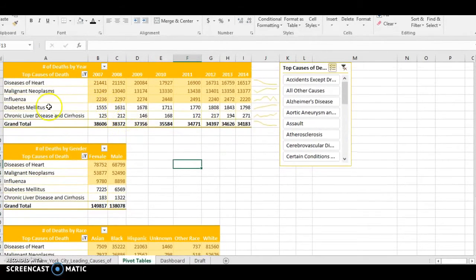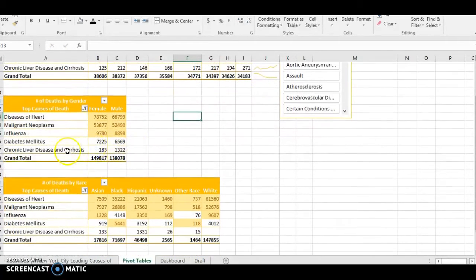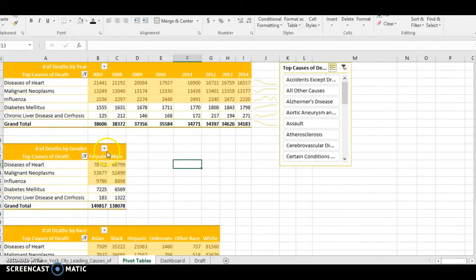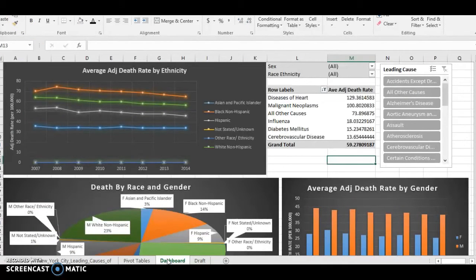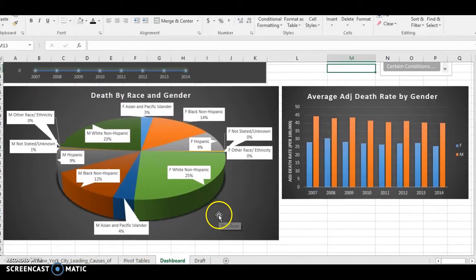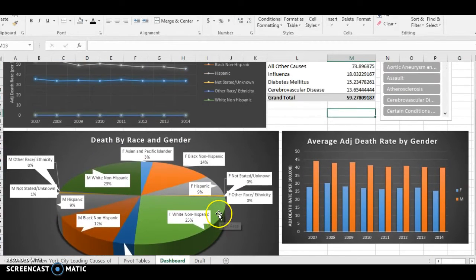And as we can see, whether it's by year, by gender, or by race, these top five causes of death are all applicable. And next, I created three pivot charts to better illustrate the results.